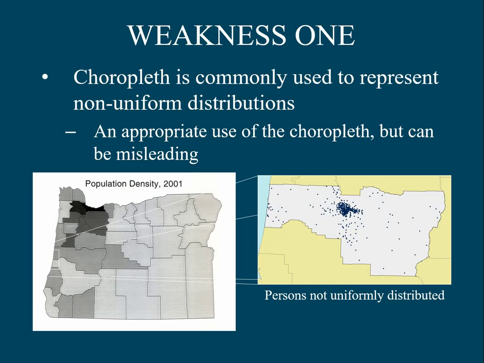Choropleth is also commonly used to represent non-uniform distribution. We see it all the time, just because with choropleths, people get it, they feel comfortable with them, they don't mind using them. So we don't want to do that. We want to do our best to avoid it. An appropriate use of the choropleth in this case can be misleading.